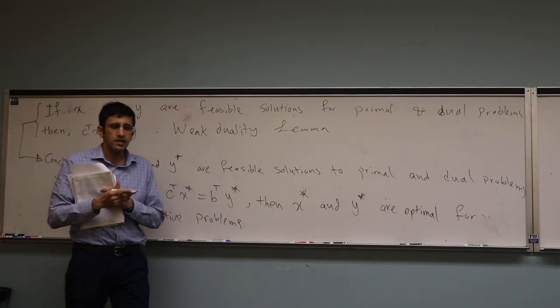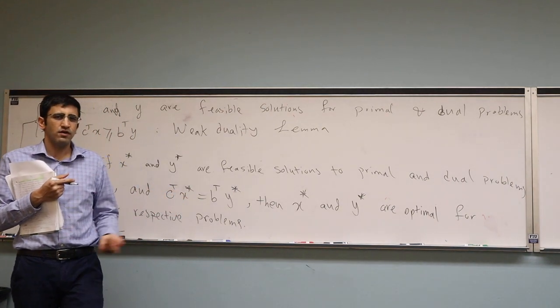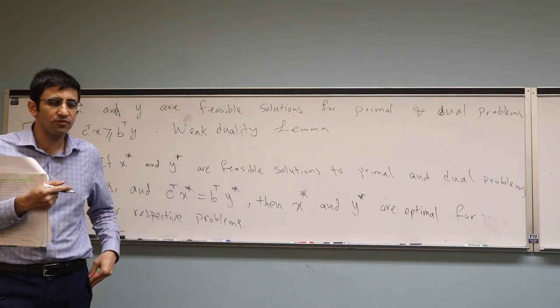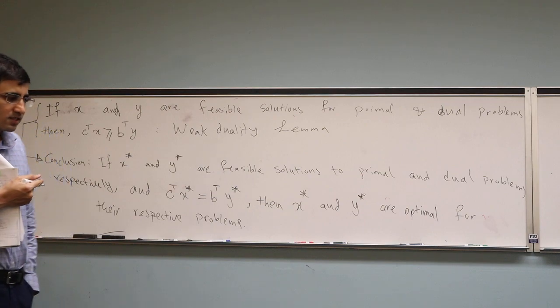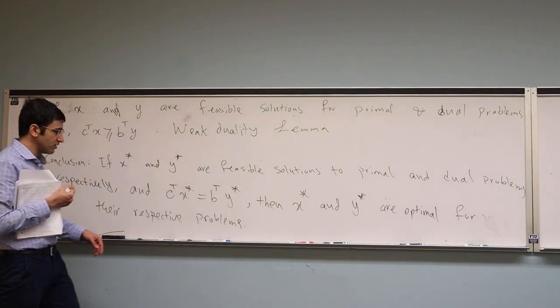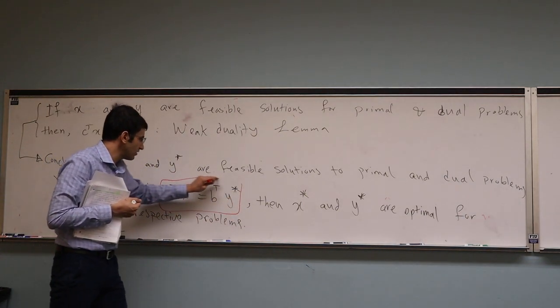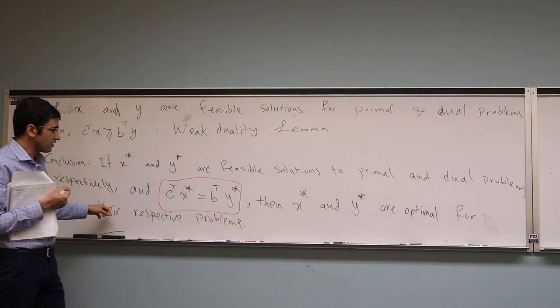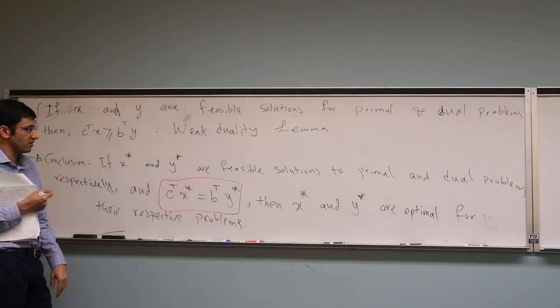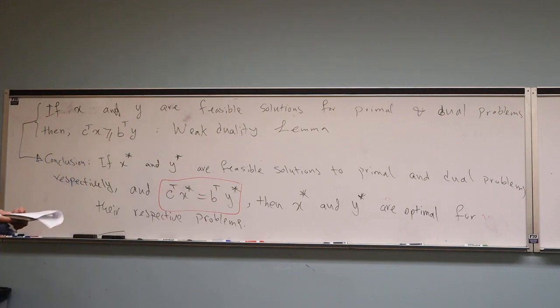Alright, what it tells me is no matter what your objective function is, you can find a set of feasible solutions both for primal and dual. But exploring those sets of feasible solutions, if at some point you happen to see these two values are equal, then you can guarantee that X star and Y star are not just feasible, but also the optimal solutions for the original problem and also for the dual problem.